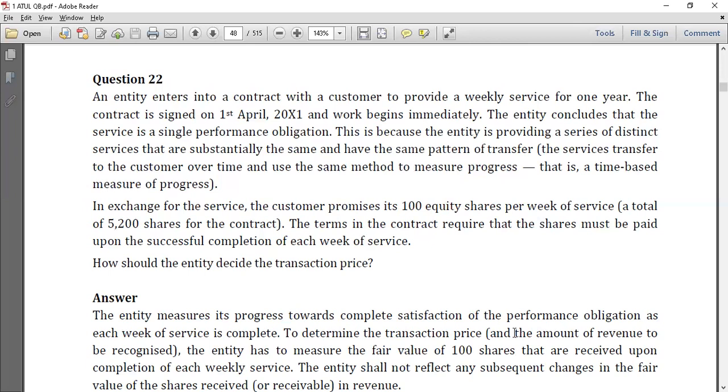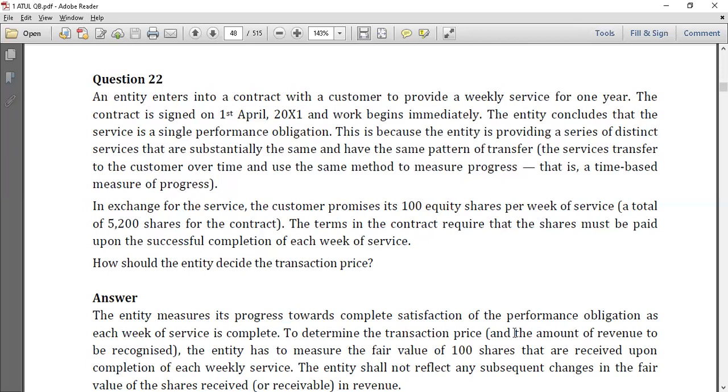What it is doing, first of all, is measuring the fair value of the 100 shares that are received upon the completion of the weekly service. Here, the entity should not reflect any subsequent changes in the fair value of the shares received in revenue. Any subsequent changes need not be reflected.